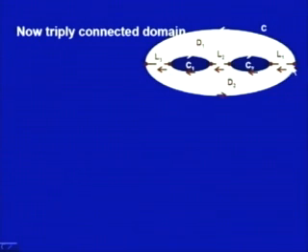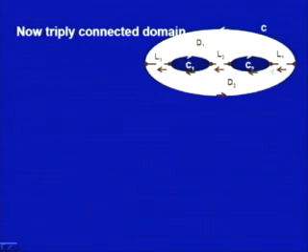By these three cuts, I can divide it into two domains. One is this upper domain: L1, L3, then this upper portion of C1, then L2, then the upper portion of C2. This upper domain is a simply connected domain.